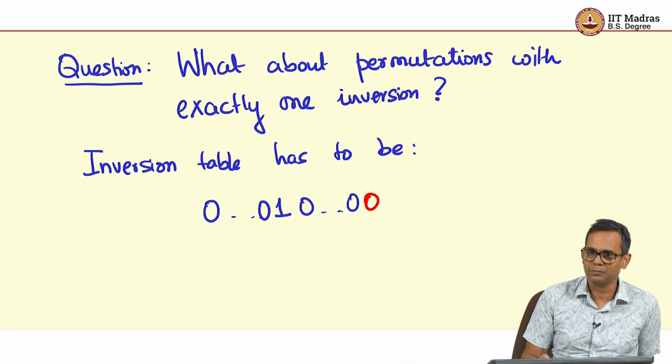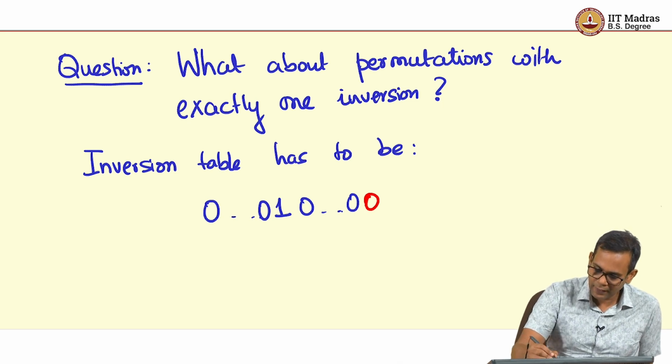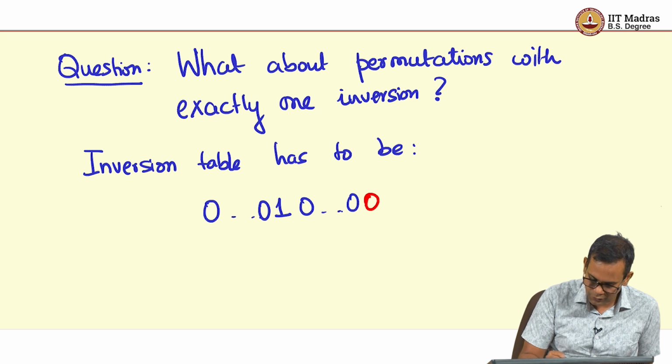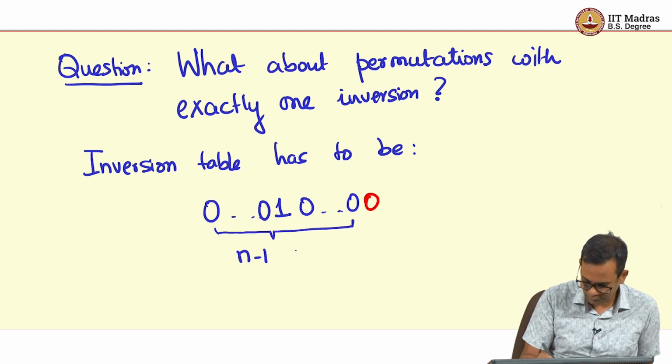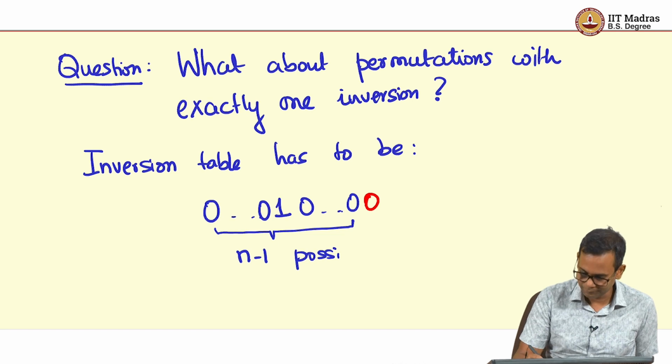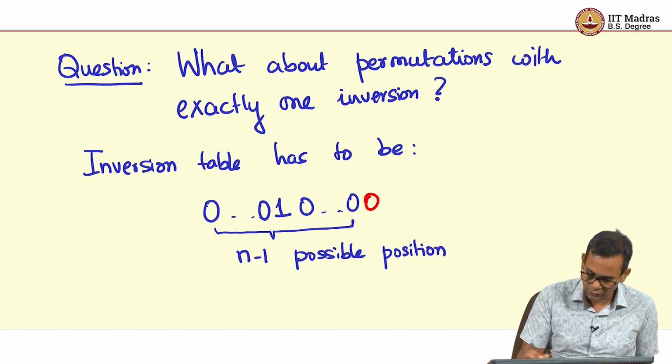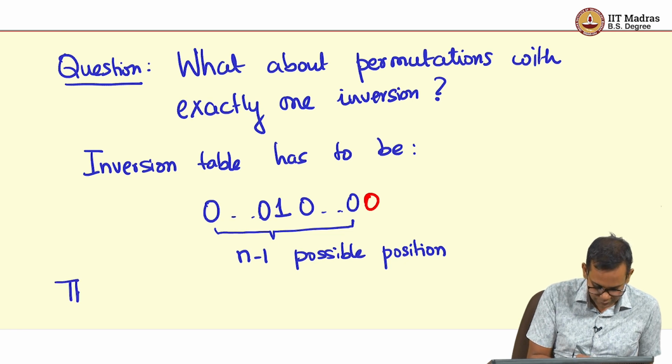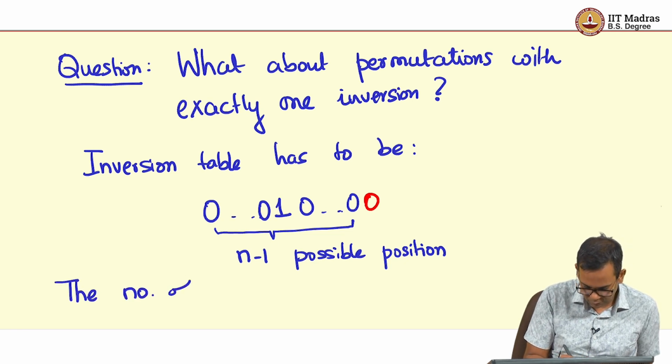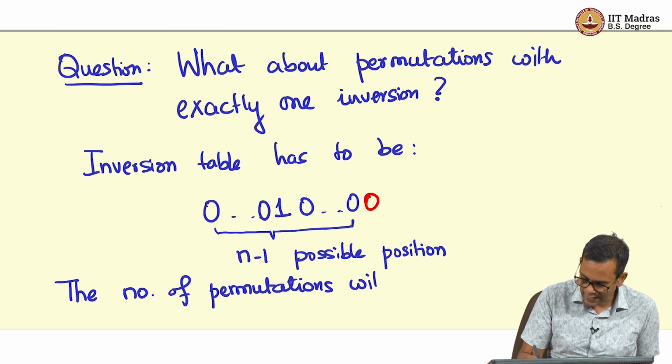So, there are n minus 1 possible positions where you can put your 1. And so, the number of permutations with exactly one inversion is n minus 1.